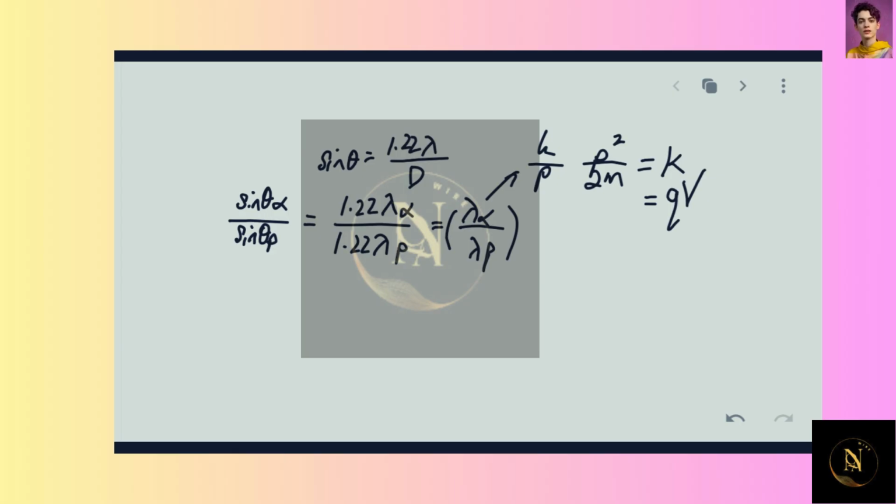So relating everything together, p squared over 2m equals q times V. Therefore, h over p equals h over the square root of 2mqV.